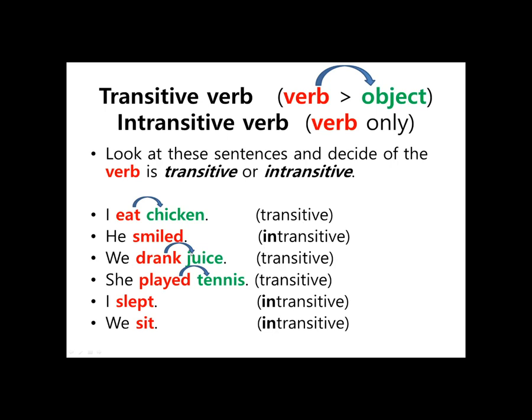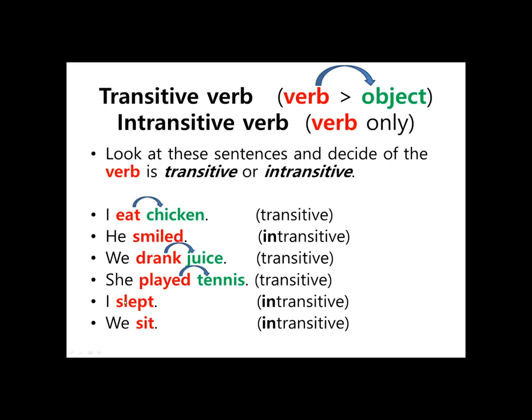We drank juice. We have the action word, and an object noun. So this is transitive. She played tennis. She played, transitive, tennis. This is a transitive verb.